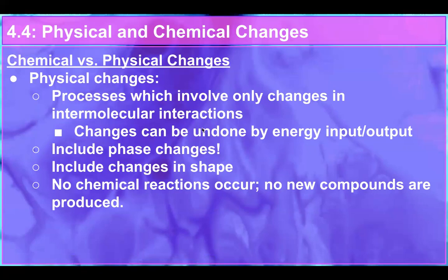All of those processes are phase changes, so they occur as intermolecular forces are being formed or broken as the substance, whatever it is, is being heated or cooled. We could also be talking about changes in shape. So maybe like hitting a piece of metal to change its shape, or something else. Essentially, you're just moving the atoms or molecules around within the substance.